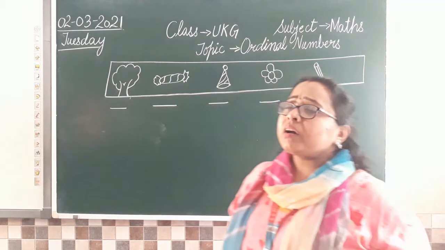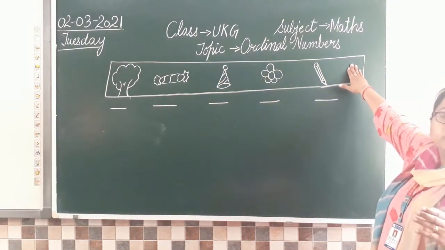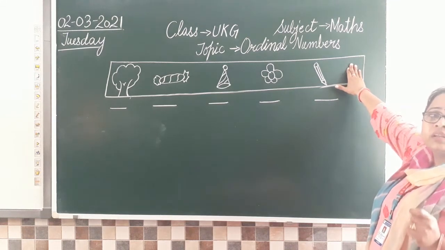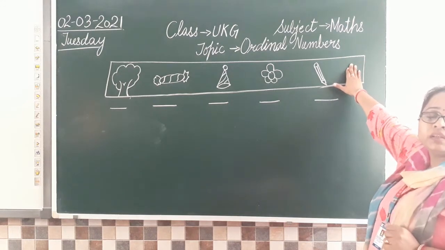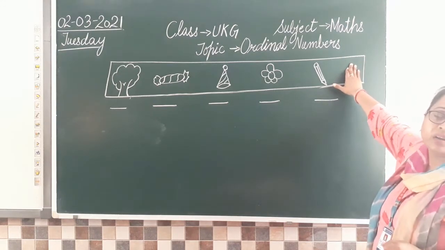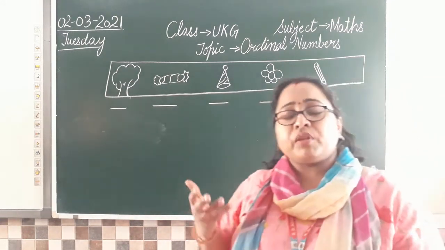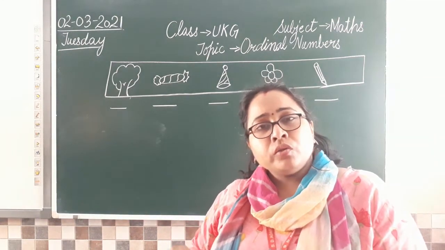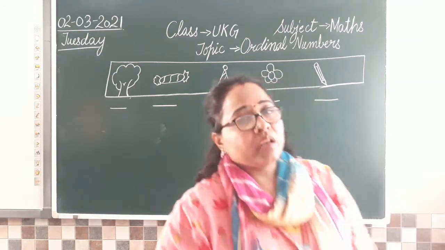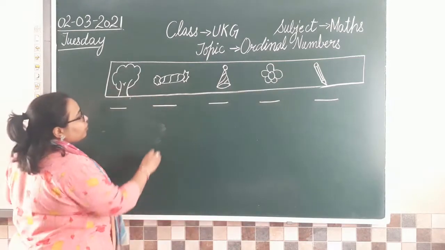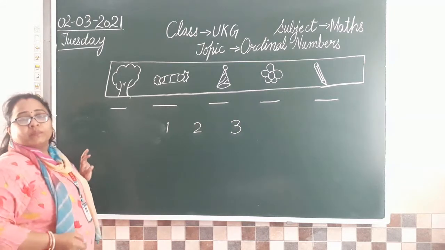Now, if I ask you to just observe this properly and tell me the position of different objects here, then how are you going to do that? How do we give the positions? 1, 2, 3. Is this the way to give the position? Whenever we give the position of something, we write 1, 2, 3 like this.